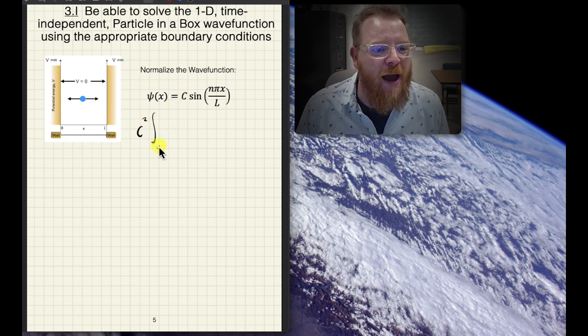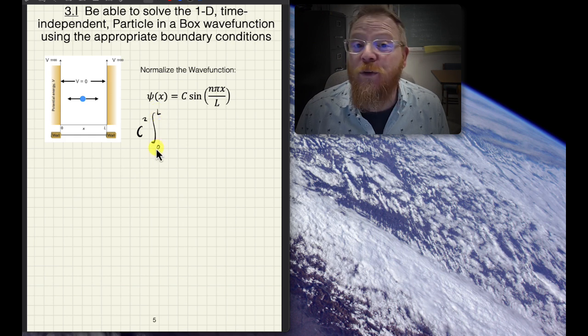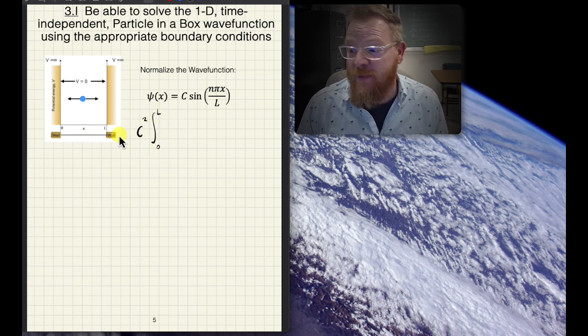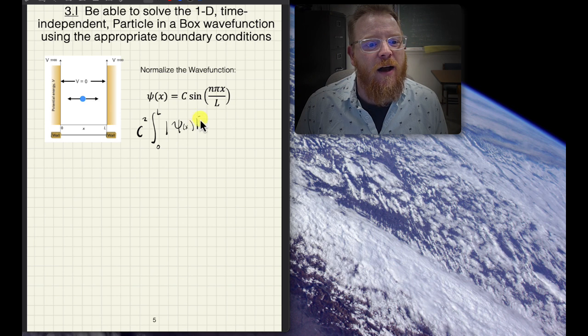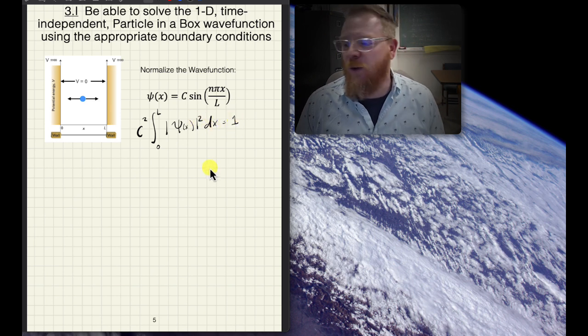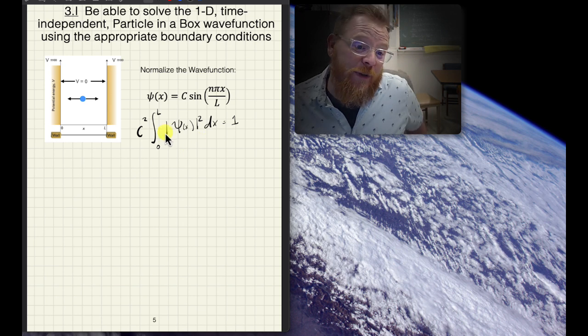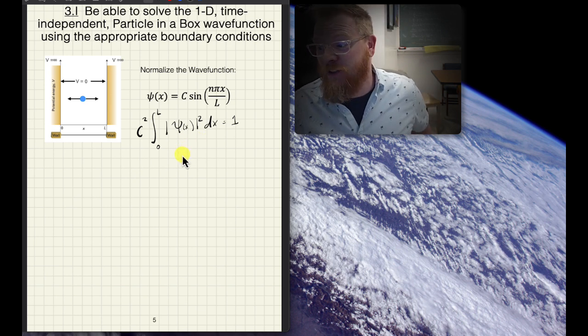And we have to normalize this over the appropriate boundary conditions from 0 to L. And of course, that's going to be the integral of the square modulus of psi of x dx, and that all equals 1. Hopefully this looks familiar because we did this problem in our lecture activity.